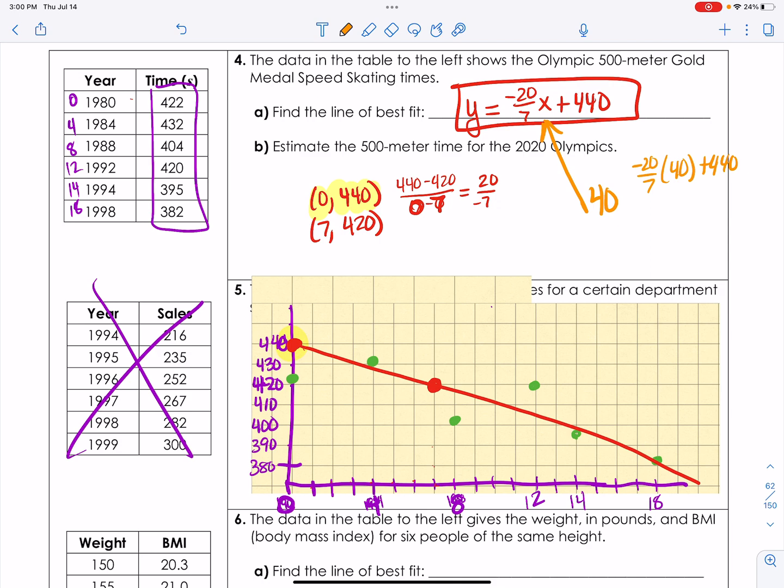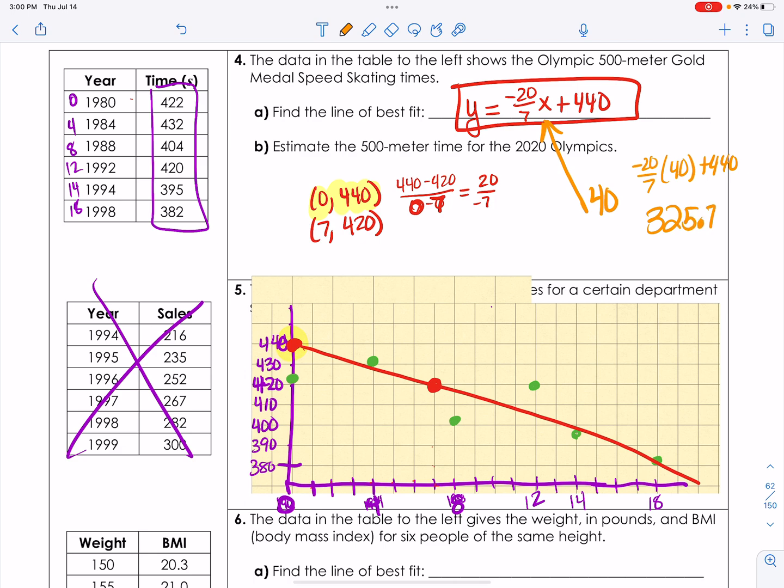I get my calculator. Times 40 and plus 440. And my answer that I got was 325.7.